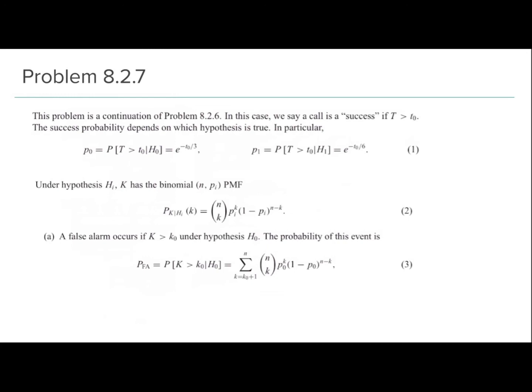It will be the summation of the PMF of K summed over k naught plus 1 to n, because there are total n calls, and we're conditioning on h naught, so we'll be using p naught and 1 minus p naught as the probabilities of calls that last longer than t naught minutes and calls that last less than t naught minutes. So the probability of false alarm is the summation from k equal to k naught plus 1 to n of n choose k, p naught raised to the power k into 1 minus p naught raised to the power n minus k.